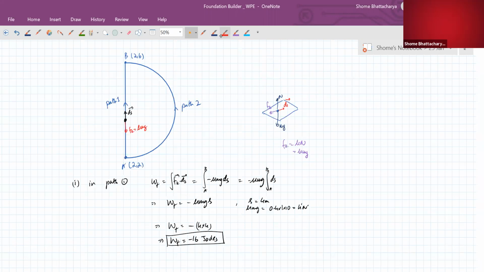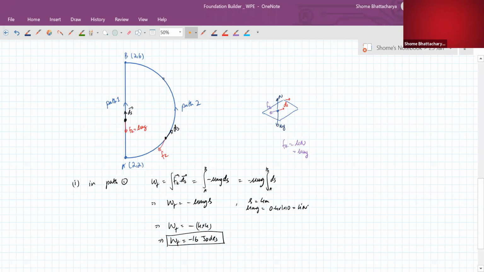In the second path, if the particle is at some position like this at some point of time, the displacement is going to be along the tangent to the circle at that point. ds is going to be like this, whereas the friction is going to act in the direction opposite to the displacement.